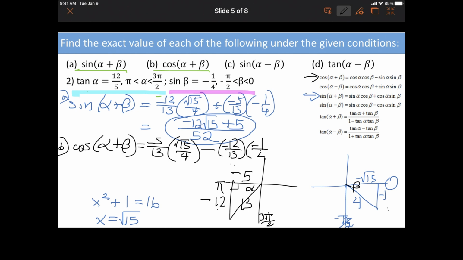Sorry, I forgot. So that's negative 5 root 15 over 52. Negative and negative is positive, but I still have that, so it's negative. Again, I'm not going to do C and D.